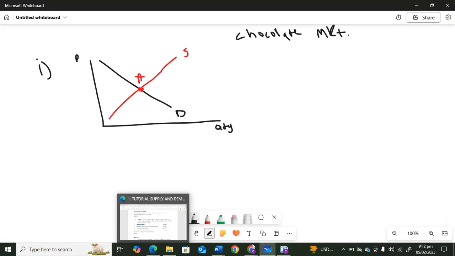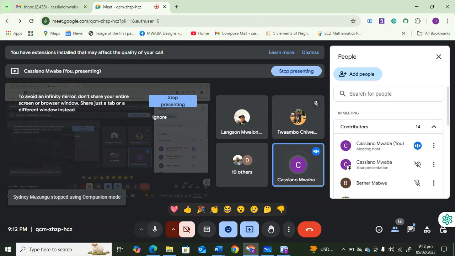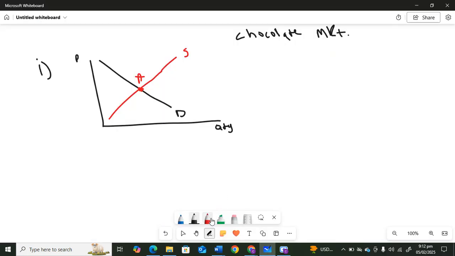The more raw materials they buy, which is cocoa, the more chocolate they produce. All right, so we have a downward shift of our supply curve, which shifts to the right from S to S1. Then our equilibrium point moves down the demand graph here to point B.